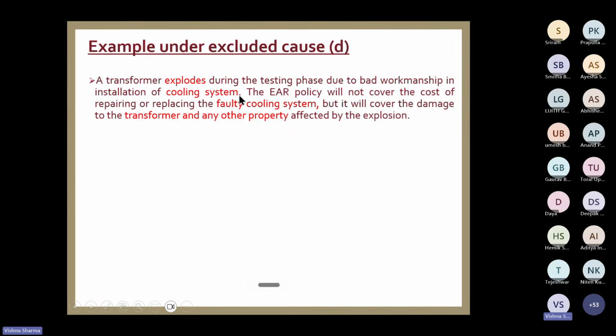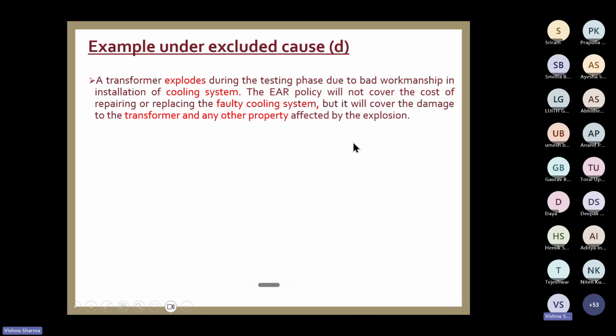So, if it is noticed that the cooling system was not correctly executed, and if the contractor is advised to dismantle everything and do it again, then this is not paid. This comes under rectification cost. But if it causes any loss or damage to the transformer or any other property, that will be paid. It will cover all those damages. Okay.